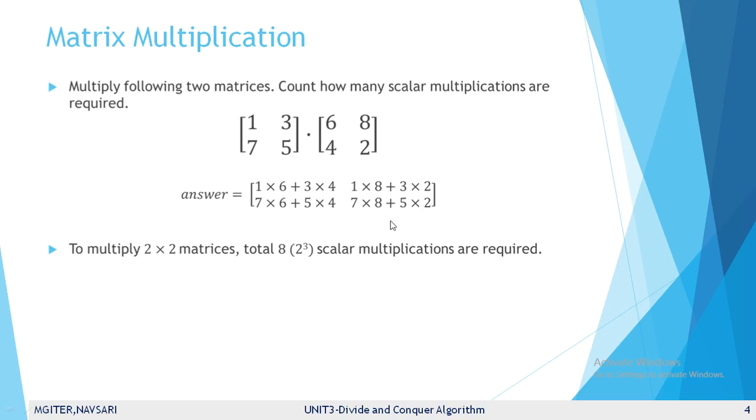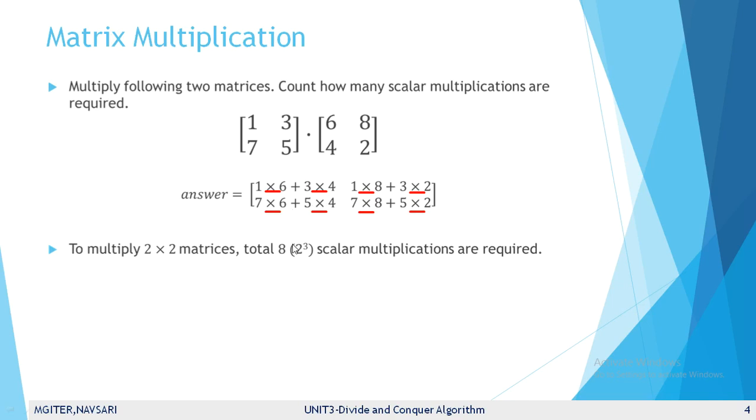But this is the simple matrix multiplication. If we want to use the divide and conquer method for matrix multiplication, then we divide the large problem into smaller subproblems. The smaller subproblem size is 2 cross 2.